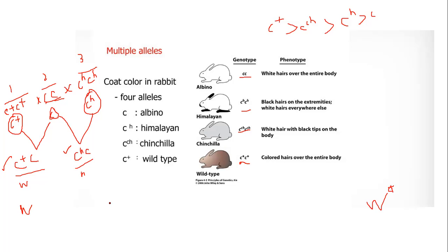There are more than two alleles. There is actually a range of colors for the eyes of Drosophila. This is the mutant white.